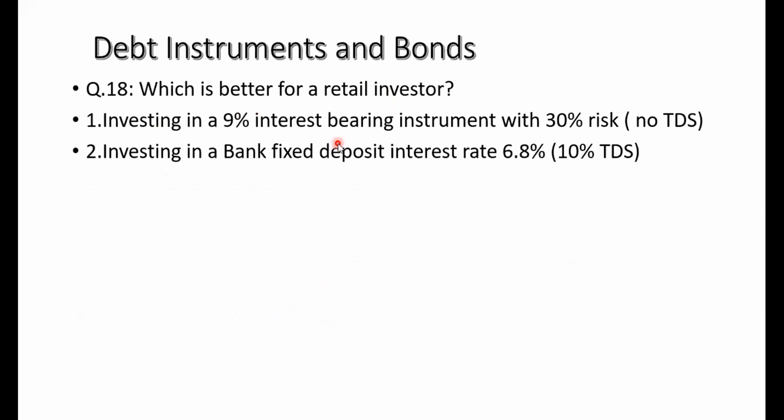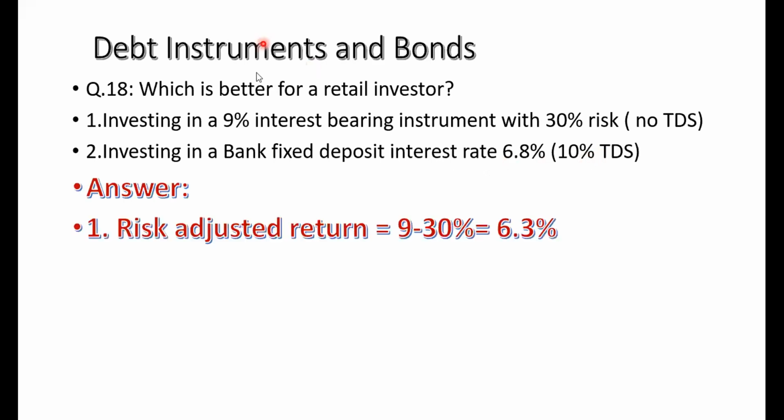Investing in a 9% interest-bearing instrument with 30% risk, no TDS. Okay. Investing in a bank fixed deposit, interest rate 6.8, but TDS 10%. Oh my God. Okay, now which is best? Simple. First one: 9 minus 30%, just now I told you, 6.3.